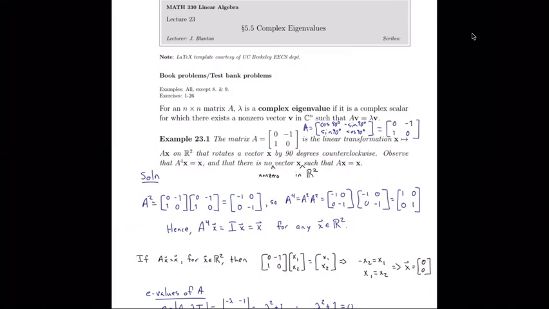Okay, so we can show that down below. Also, though, there's no non-zero vector in R2, in other words, vectors of real numbers, such that Ax is equal to lambda x. And we don't really need the lambda x because we know that our rotations are not rescaling.